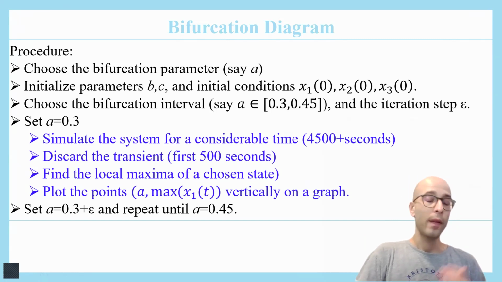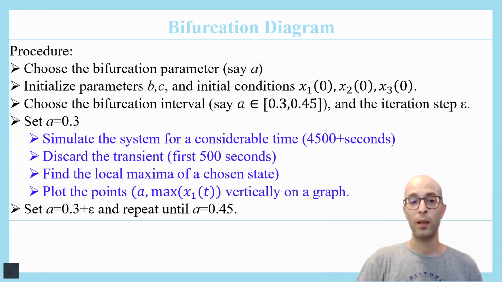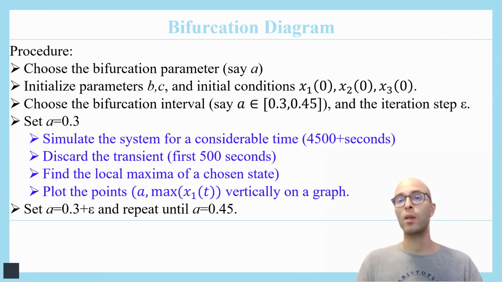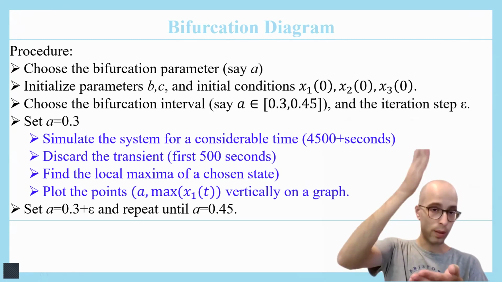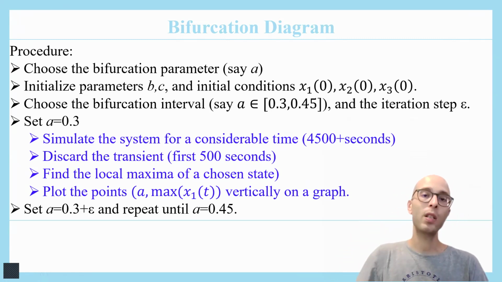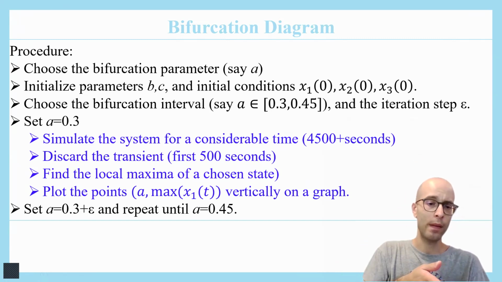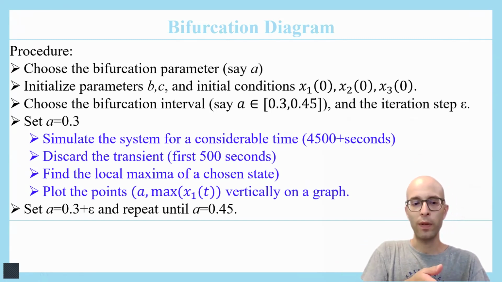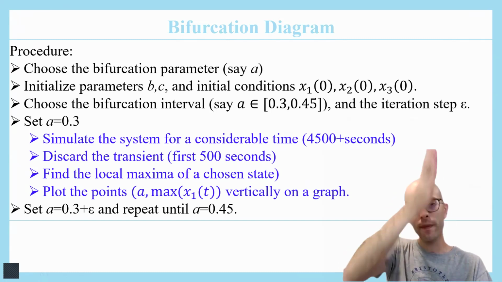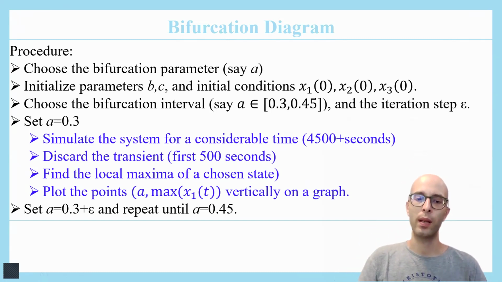After I discard the transient, I find the local maxima for this state of choice, and then I plot vertically the local maxima that I found. The x-coordinate is the parameter alpha for this value of the for loop, and the y values are all the local maxima for my state.